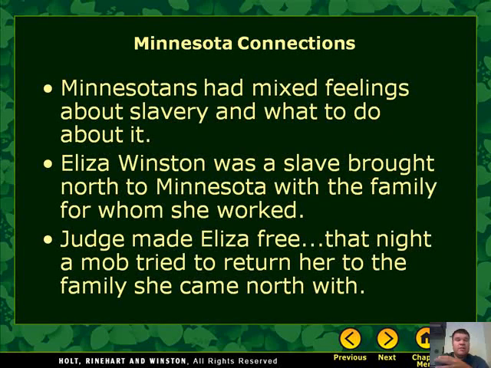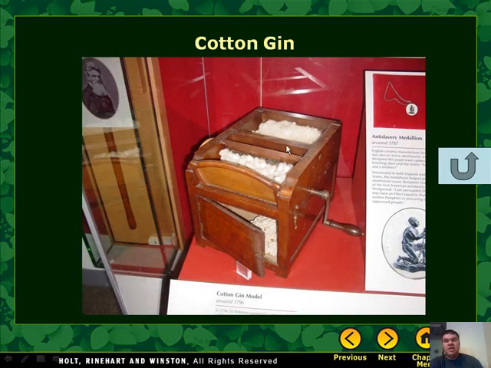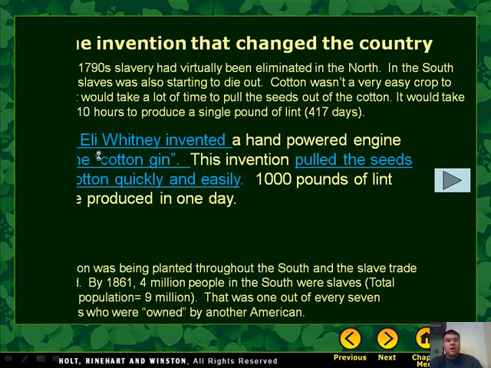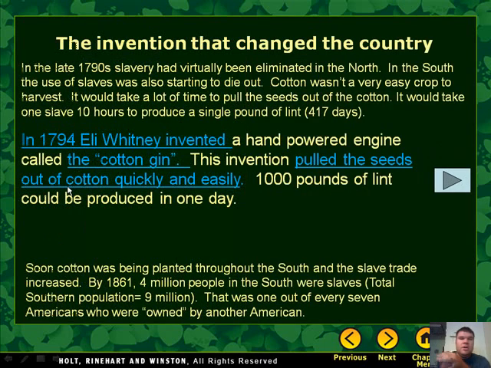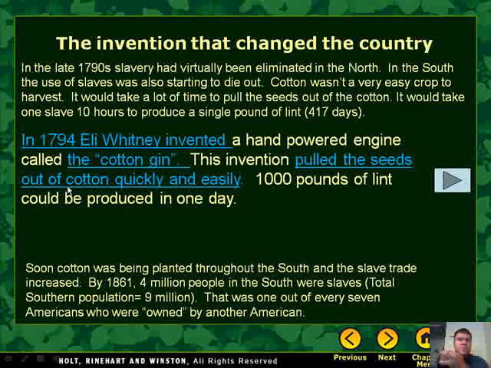Eventually it goes to court, and the judge in Minnesota makes Eliza free. But that night, a mob tries to return her to the family she came north with. But luckily, they weren't able to catch her. She wasn't where they thought she was going to be. Eventually, Eliza is sent to Canada, where she spends the rest of her time up north in Canada.